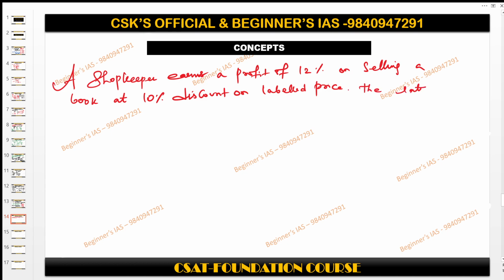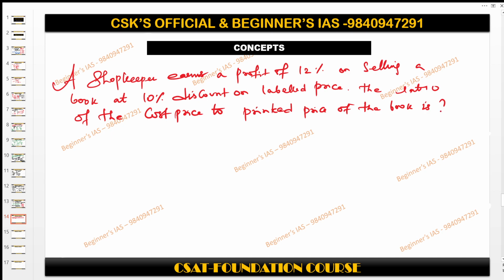The ratio of the cost price to the printer price. Printer price is nothing but labeled price. Please remember, the word may change like this also. That's why I mentioned previously: marked price, MRP, labeled price, printer price, everything is related to the MRP. Don't get confused here.